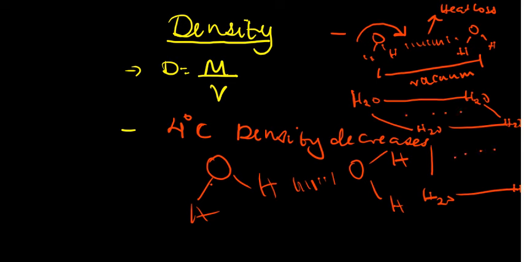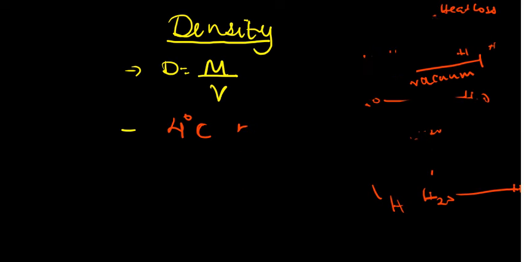Because of these spaces, water in its solid state is going to be relatively lighter as compared to its liquid state. So this is where it has a very low density at 4 degrees. So an application is that, just a minute, let me just erase the board.